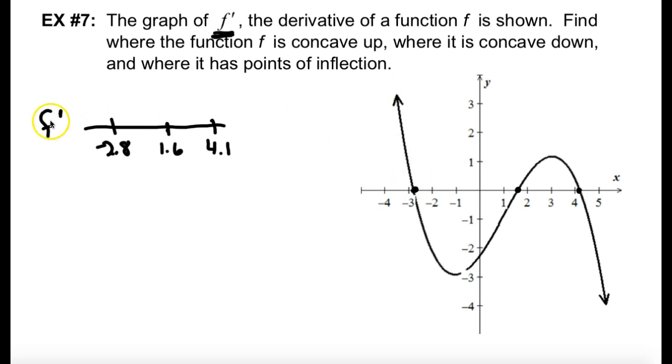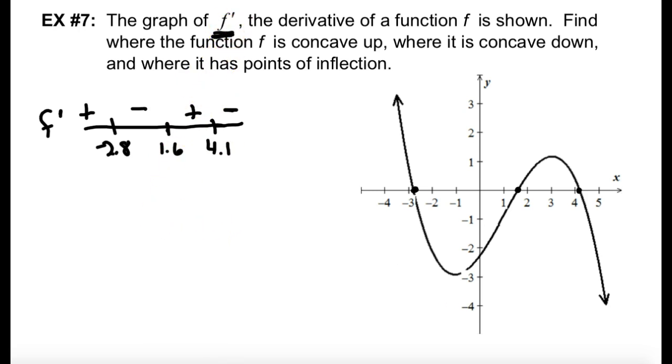Now, my first derivative is positive here, negative on this interval, then positive on this interval, and then negative on this interval. So what that tells me about my original function is that it's increasing here and here, decreasing here and here, and then my original function would have a relative max here, a relative min here, and a relative max here.